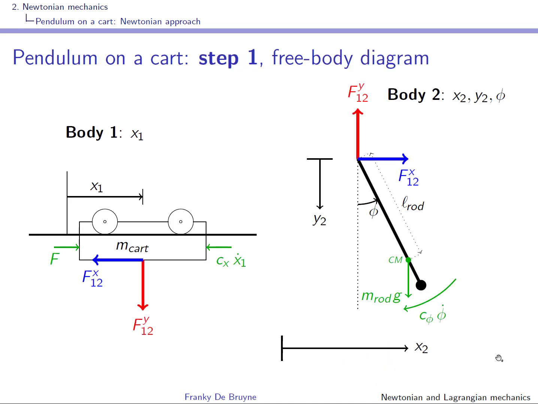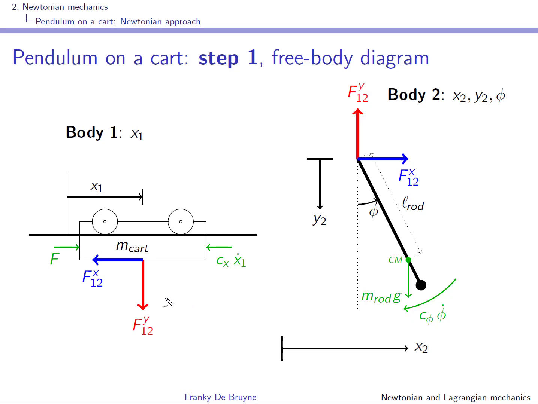In this very systematic approach, what you do is take the two one-body diagrams, and here you have two bodies of interest. You have the cart, which is body 1, and then the pendulum, which is body 2. It's the same drawing, the only thing is that you separated both of them, and then of course there will be linking forces.